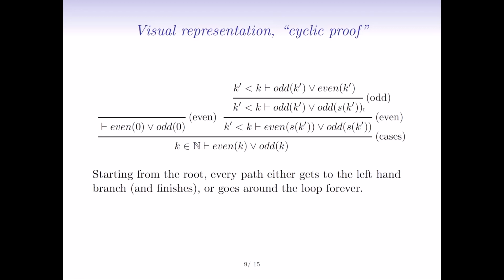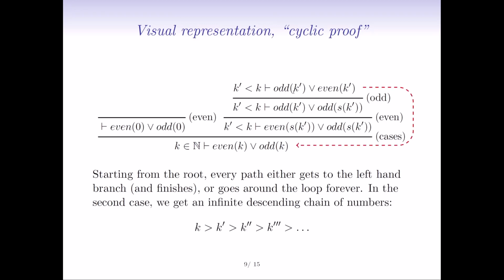And since successor of k prime is odd if k prime is even, this reduces again to showing that k prime is odd or k prime is even. And so we can see that actually this, apart from the commutativity of disjunction, is exactly the same thing that we started off having to prove.